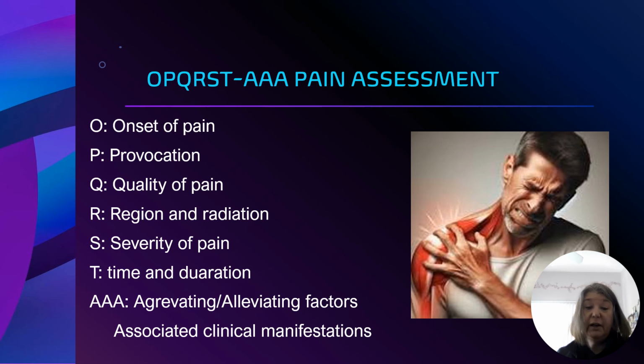All right, when we're talking the OPQRST and then of course AAA, you guys covered this in fundamentals. So O, onset of pain, P, provocation. What causes the pain, right? What provokes it? Q, quality of pain, R, region and radiation, S, severity of pain, T, time and duration, and then the AAA is aggravating and alleviating factors and associated clinical manifestations.